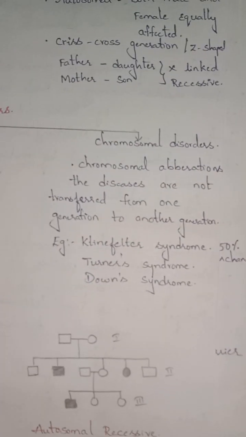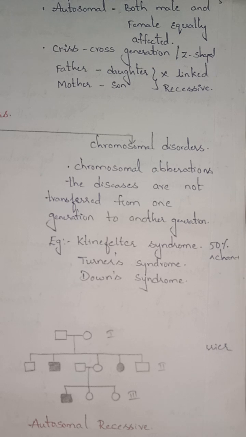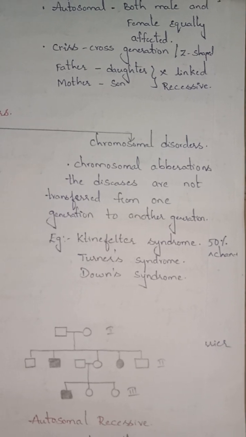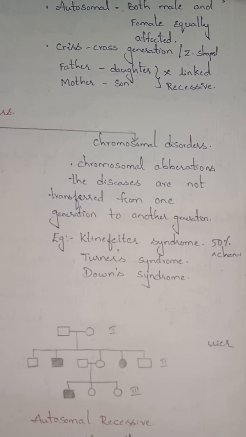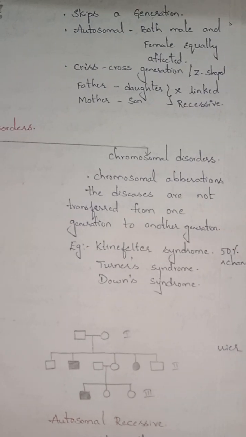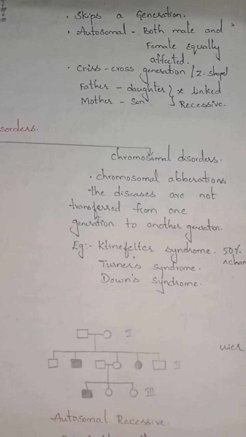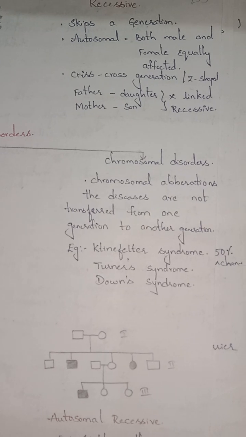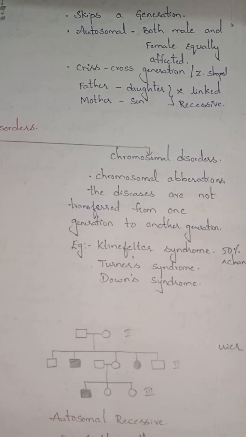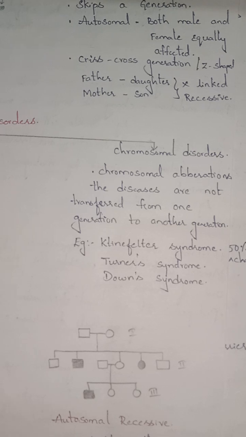Next one is chromosomal disorders or chromosomal aberrations. These diseases are not transmitted from one generation to another. If one generation is affected, the disease ends there itself with the death of that person, and it is not transmitted to the next generations.